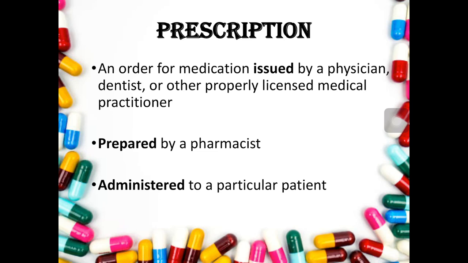A prescription is an order for medication issued by a physician, dentist, veterinarian, or other properly licensed medical practitioner. So a prescription must be accurately and legibly prepared to identify the patient, the medication to be dispensed, and the mode of administration. We should avoid abbreviations when we write prescriptions or when the doctors write prescriptions.